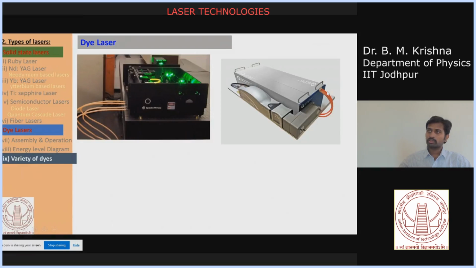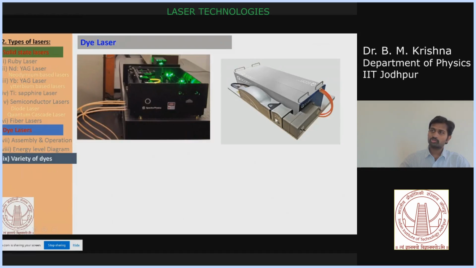Most of the general usage dyes are 6G. Rhodamine 6G is very famous and popular for dye laser systems. So this is one of the dye laser systems. You have lines of dyes to circulate, and they have additional attachments to convert the wavelengths.